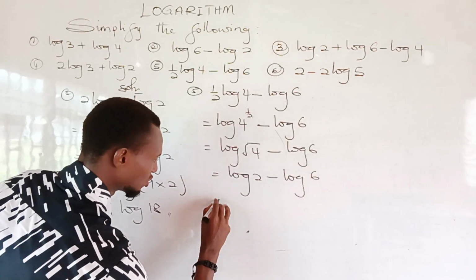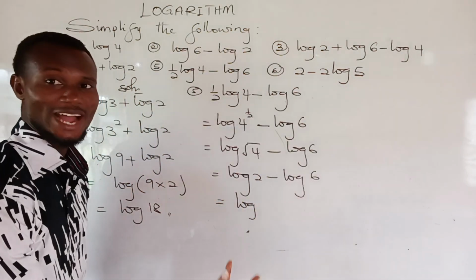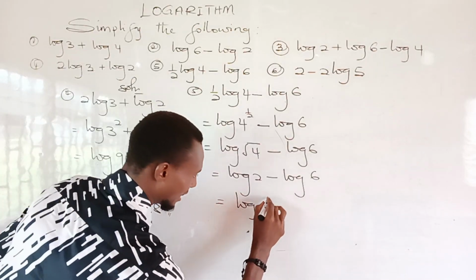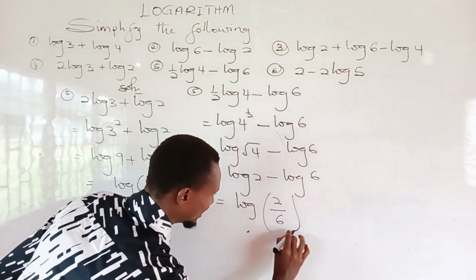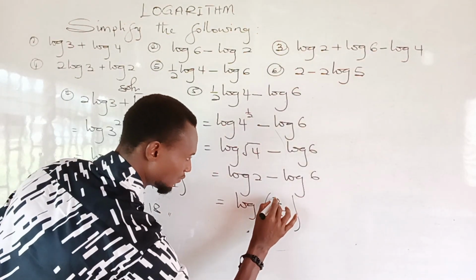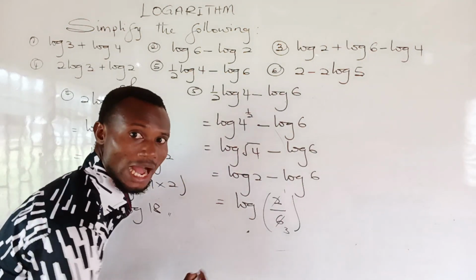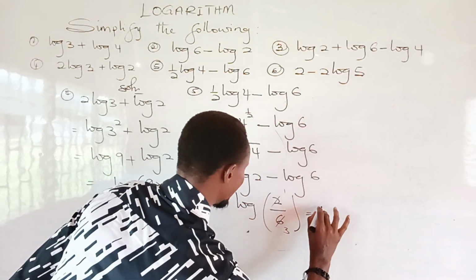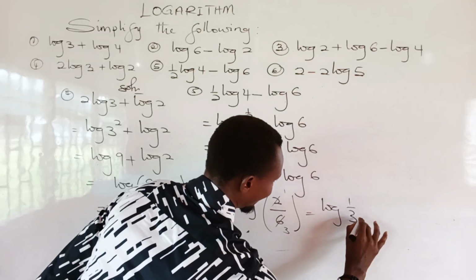All that you need to do is to write your log, then you divide the numbers. The first number comes first, so it's going to be 2 over the second number, which is 6. Then you can go ahead and simplify using 2. 2 goes here 1, 2 goes here 3. So I'm going to have my final answer to be log 1 over 3.